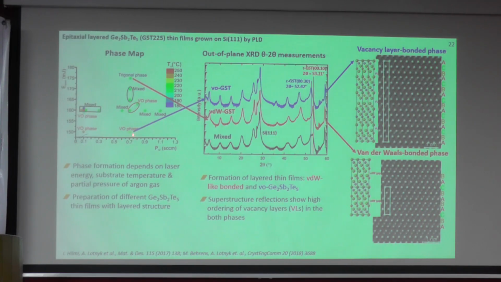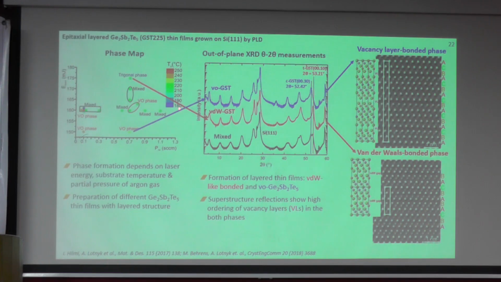Depending on the substrate, we grow the thin films as epitaxial thin films, and for epitaxial thin films you need to heat up your substrate to a particular temperature. Good for phase change materials is that they crystallize at very low temperature compared to oxides, for example.